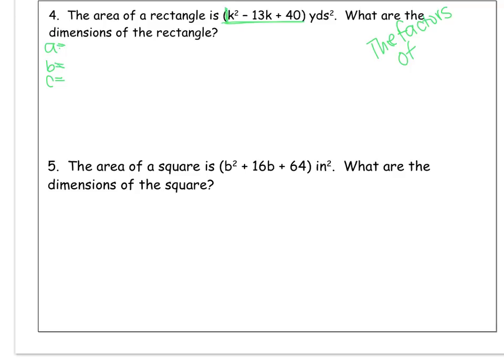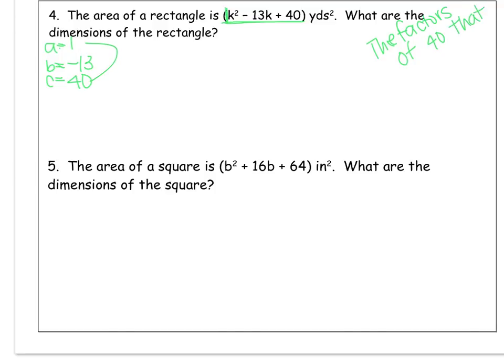So A is the number in front of the x squared, or the squared term, so it's 1. B is negative 13, and C is 40. So I just pick those straight out, and I keep the sign that's in front of them. So I'm looking for the factors of A times C, so the factors of 40, because 1 times 40 is 40.